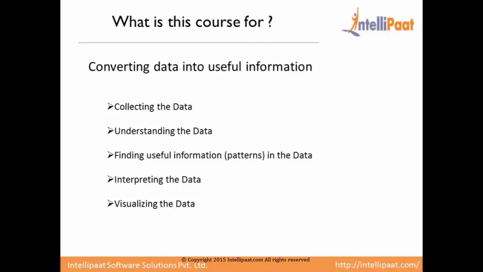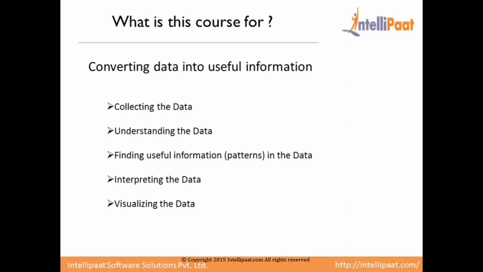In order to extract that information, what techniques and tools are available from the statistical point of view, and how do we communicate to our business managers so that they can take very good decisions in terms of further growth, customer treatment or customer service, whatever it may be.